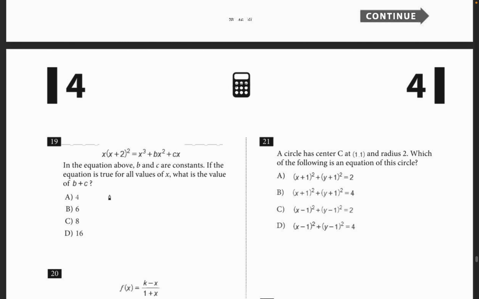19. In the equation above, b and c are constants. If the equation is true for all values of x, what is the value of b plus c? So let's FOIL this out. Okay, so x plus 2 times x plus 2 is x squared plus 4x plus 4.